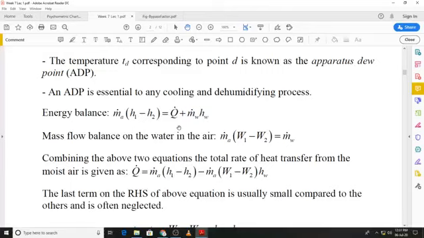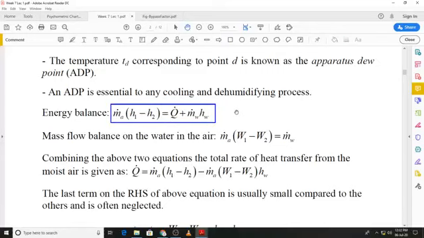So the first equation would have been m dot a into h1 minus q dot minus m dot w hw, because that was the energy leaving your control volume, and then on the right hand side you would have m dot a into h2. So we just rearrange that equation, and that gives you the energy balance equation for a cooling and dehumidification process.